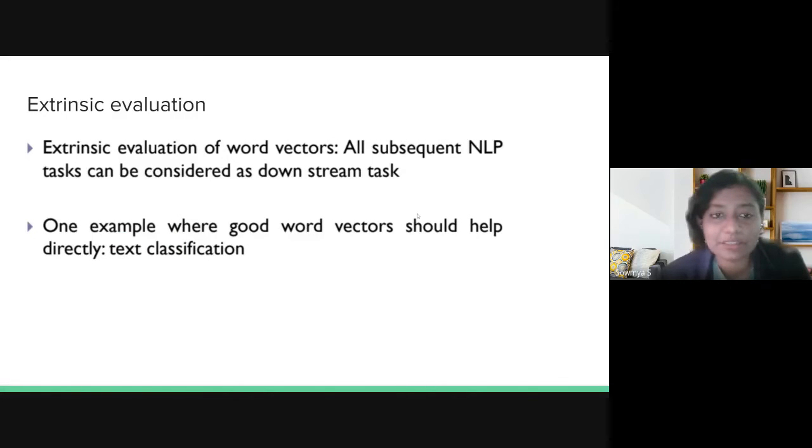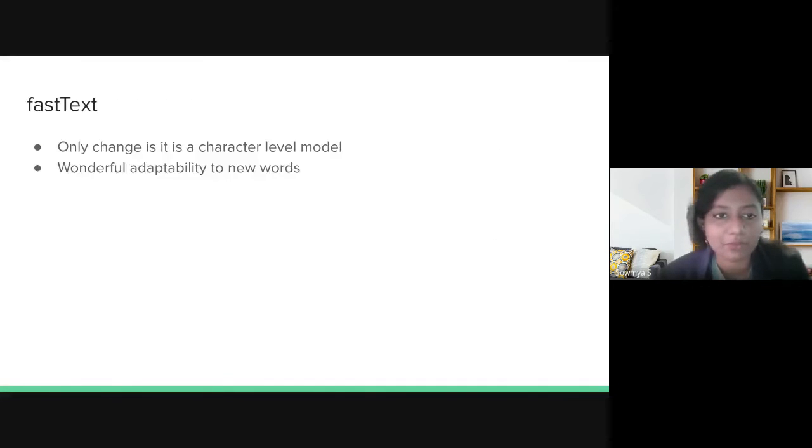Extensive evaluation, as we said before, deals with using your word vectors for a particular NLP task, for example, text classification or sentiment analysis, and so on. There's another type of vector called fastText. Instead of using a word level model, it uses a character level and combinations of characters and so on.